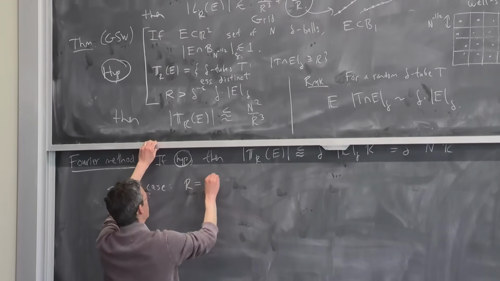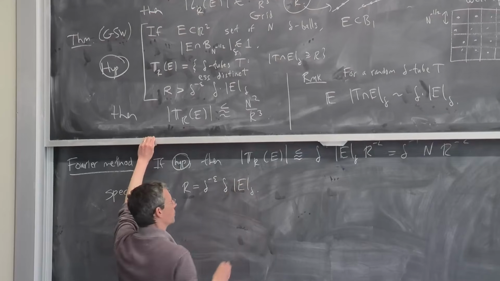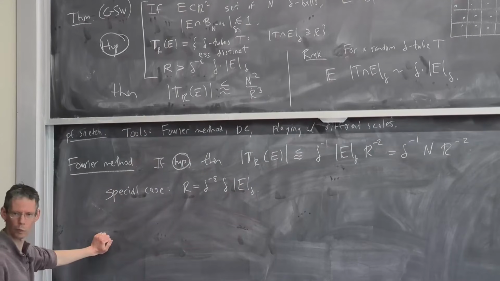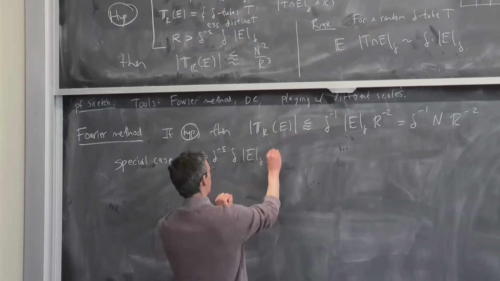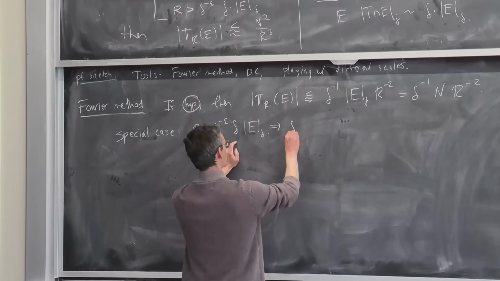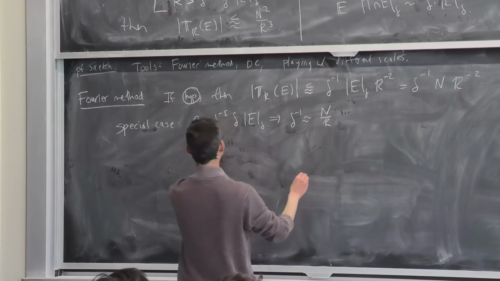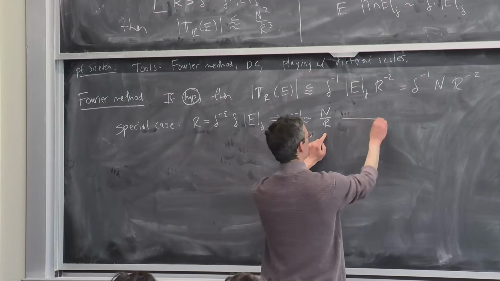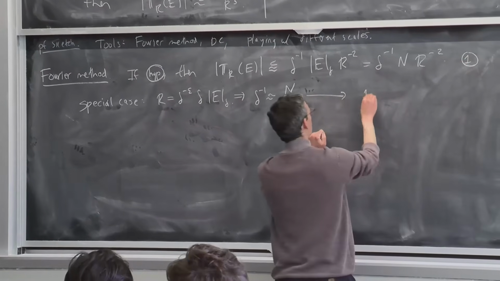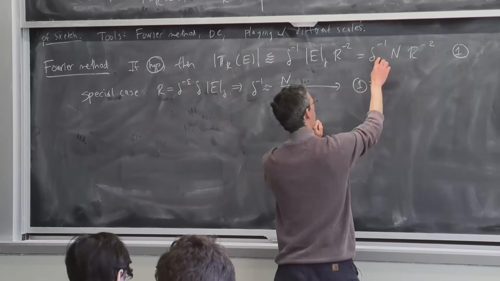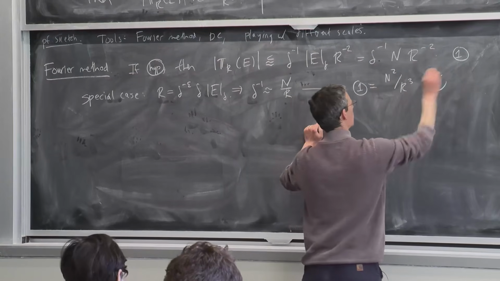So let's say it is delta to the minus epsilon times delta E delta. OK. So in this case, if I solve for the delta inverse, the delta inverse would be around n over R. And then I plug in here. And I get that this is n over R times n over R squared, which is n squared over R cubed. And that's the Szemerédi-Trotter bound.